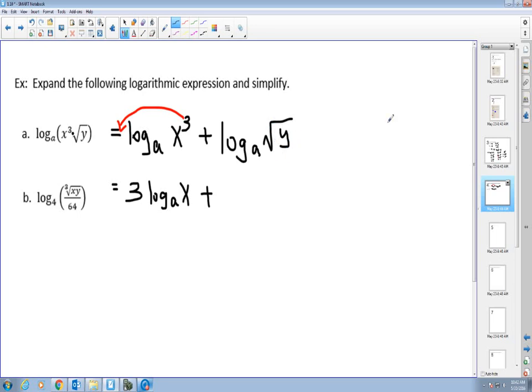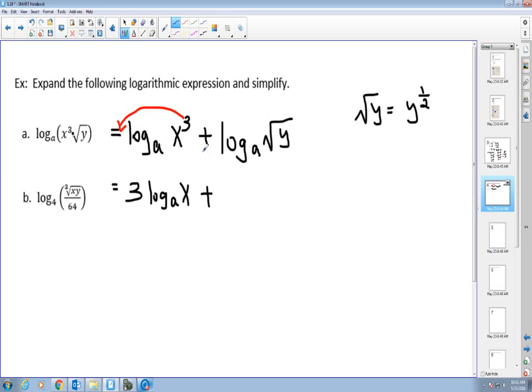So now I will do it in reverse. Square root of y is actually y to the half power, because the denominator of that fraction exponent determines the roots. The numerator 1 is telling me that my variable y is to the first power here. So that's the reason why square root of y becomes y to the half power.